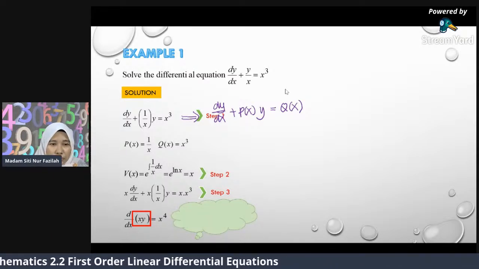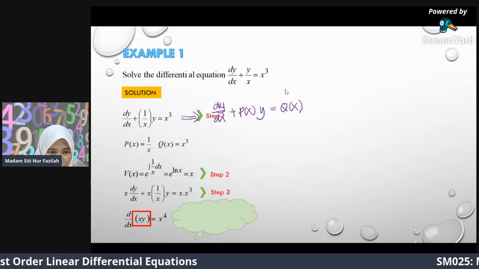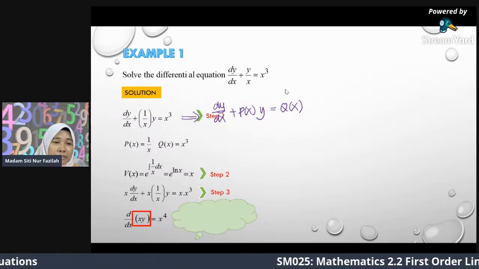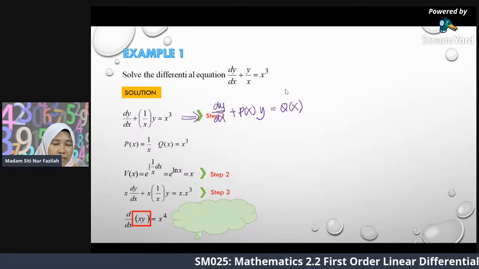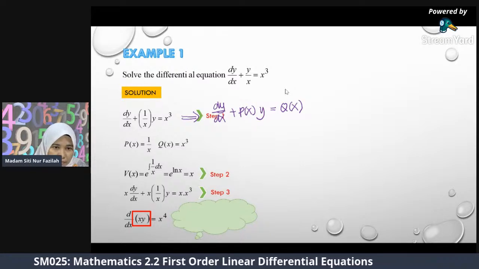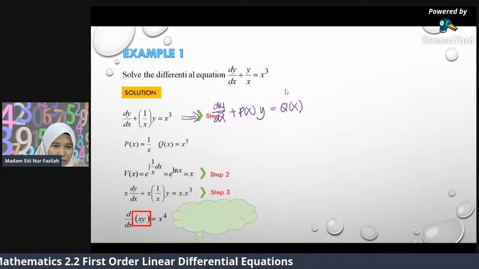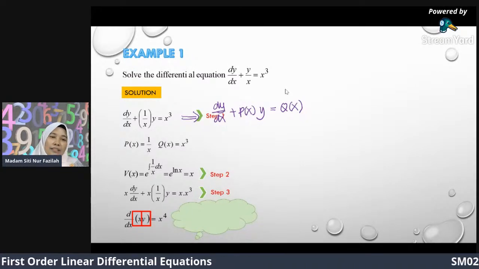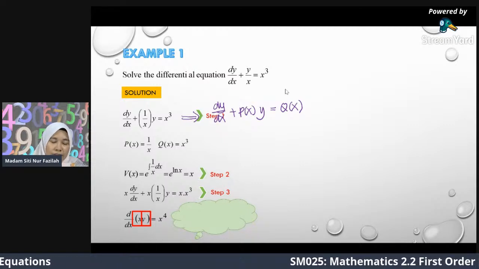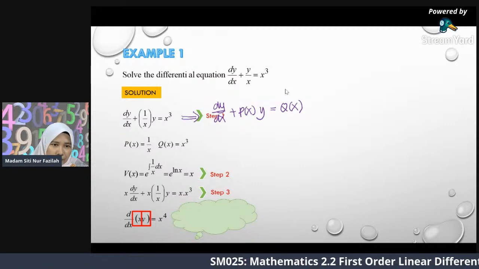Okay, d over dx of vxy. Vx is x and the variable is y, equal to x to the power of 4. The box should be Vx multiplied with the variable y.